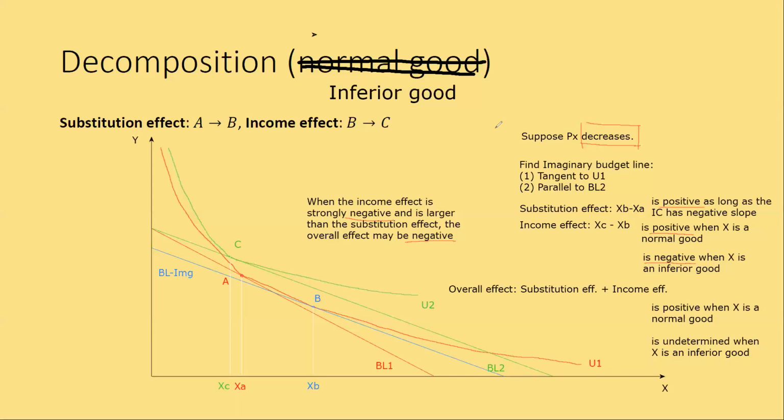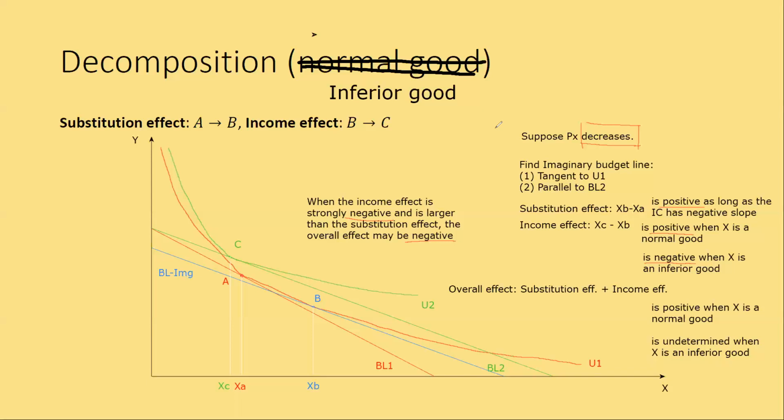Recall from the last lecture that if your consumption of the good increases as your income increases, which corresponds to the case where your Engel curve has a positive slope, then we say that this is a normal good, right? And the income effects for a normal good are going to be positive.